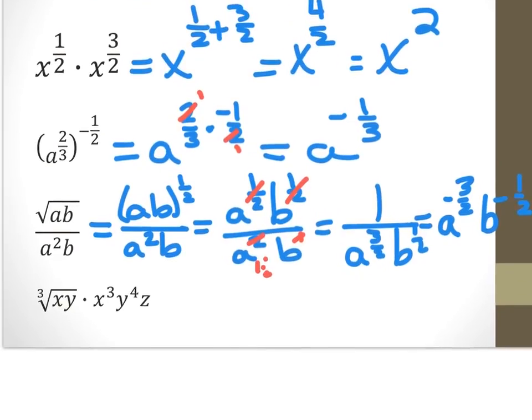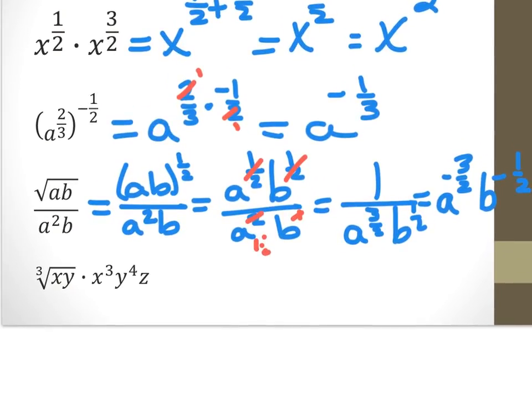Now for the last piece, we've got a radical sitting here. We have exponents. Let's go ahead and rewrite this first expression. That's going to be x to the 1/3, y to the 1/3, 1 because each of the exponents inside is 1, 3 because that's the index of the root. And then that's times x cubed, y to the 4th, z.